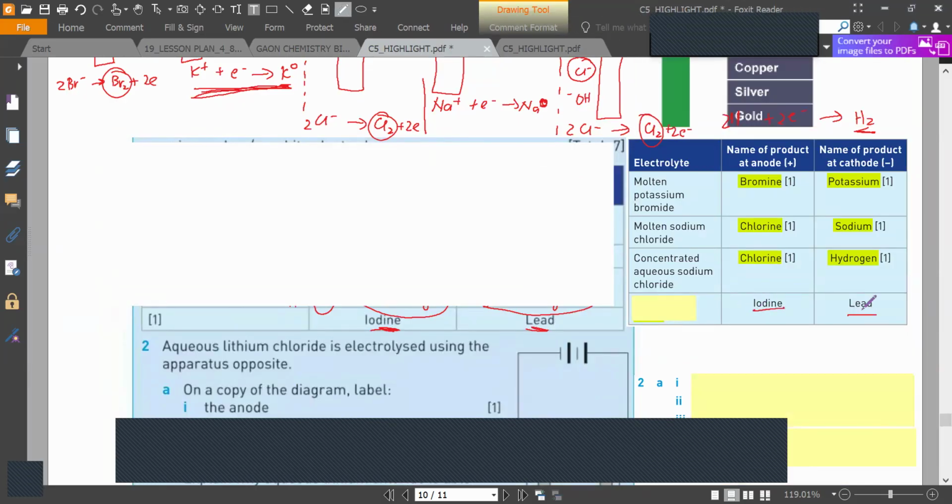In order to get iodine and lead as the product, what we must have is molten lead iodide. It must be molten lead iodide. So what happened here?